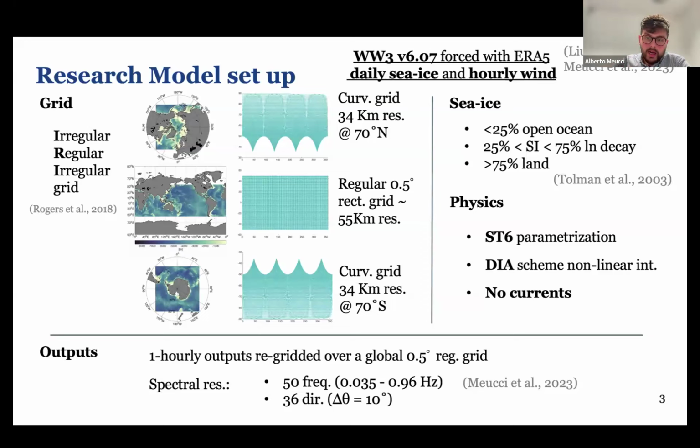We also tested in a few of our studies the impact of currents, and we saw that there wasn't a major impact of currents on the global statistics, so we decided to go ahead and run our analysis with no currents. The output is one-hourly on a 0.5 degree regular grid with these spectral resolutions.